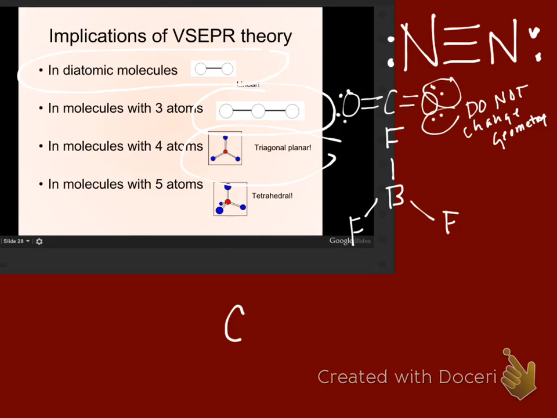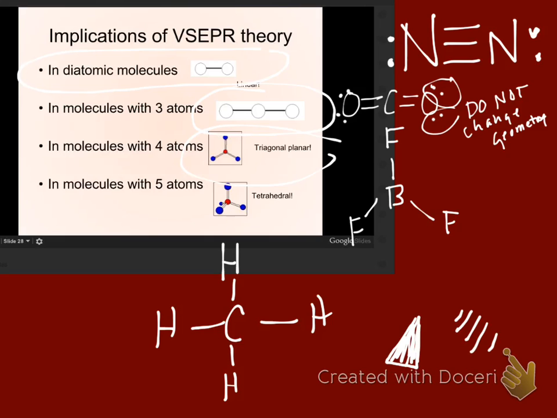Well, we'll do methane as tetrahedral. And tetrahedrals are really tough to draw in 2 dimensions. So we typically draw them like that. If you go on to take organic chemistry, to draw tetrahedral molecules, a solid triangle means it's pointing out towards you, and a dashed triangle like that means it's traveling away from you.